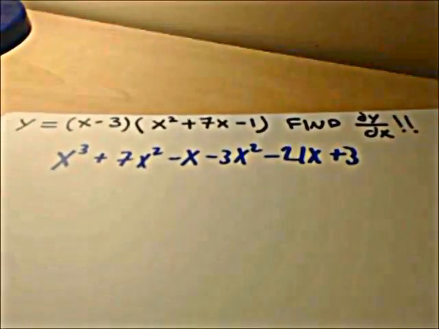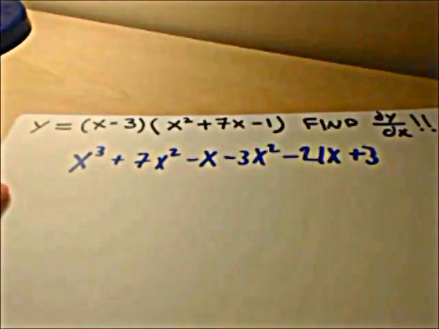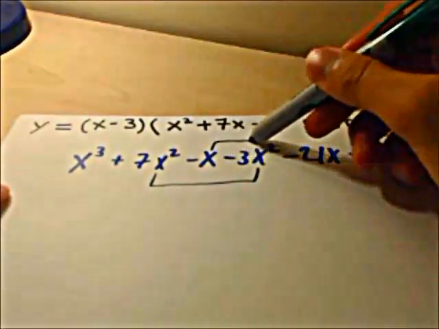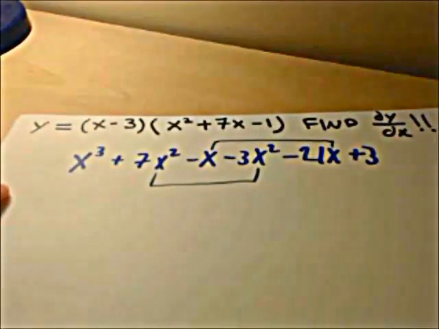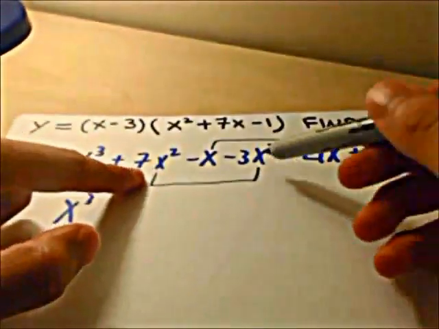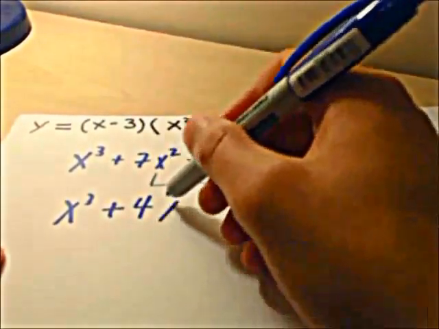Now what we do is just simplify it by adding up the like terms. So we've got x squared and x to the power 1, and we leave the rest as it is. So we're left with x to the power 3. 7x squared minus 3x squared is 4x squared.